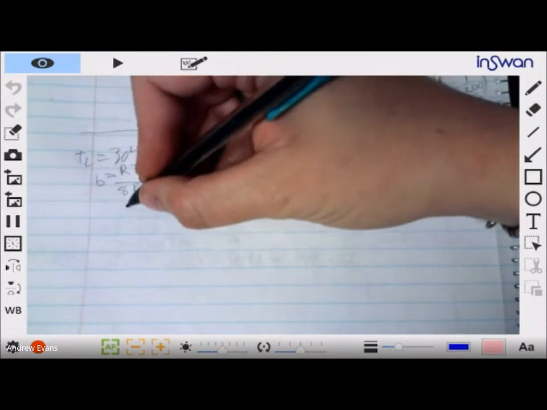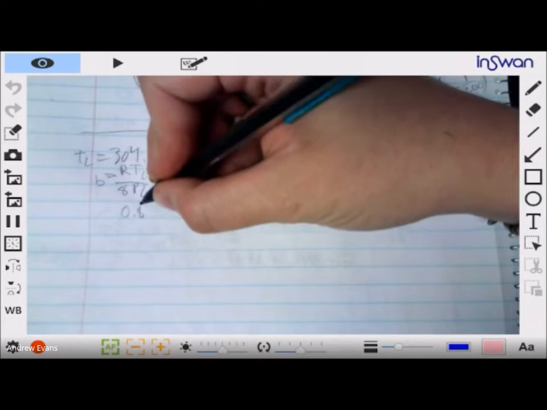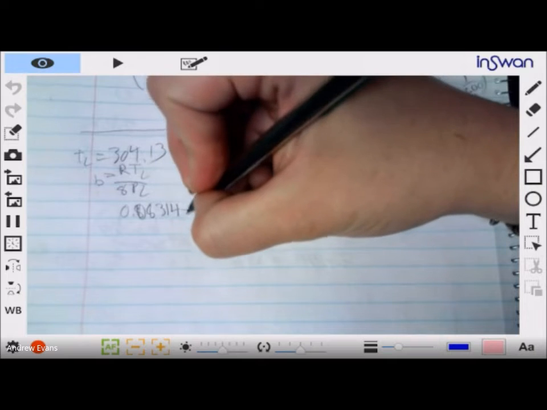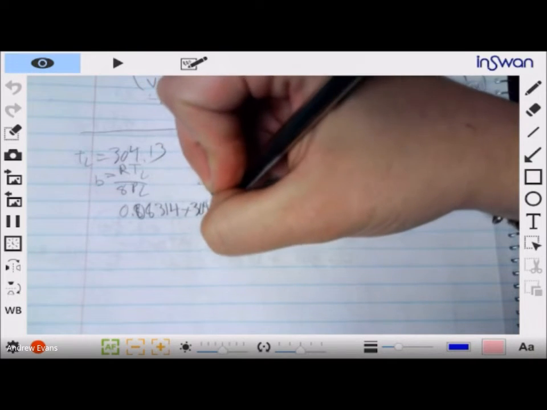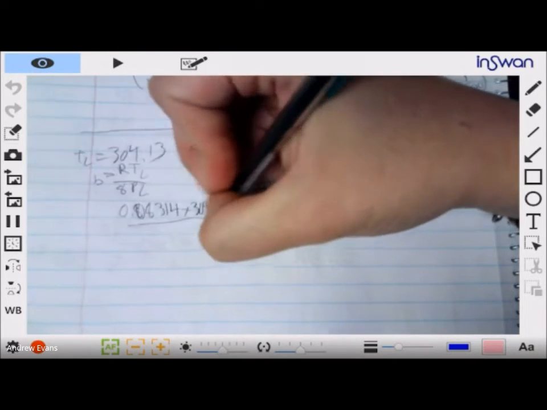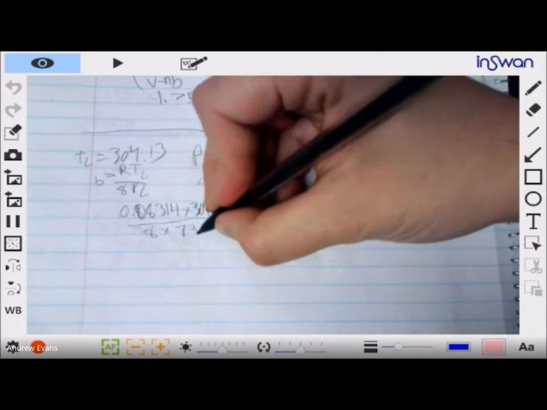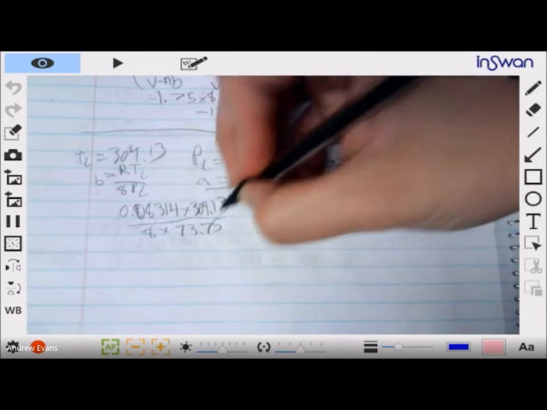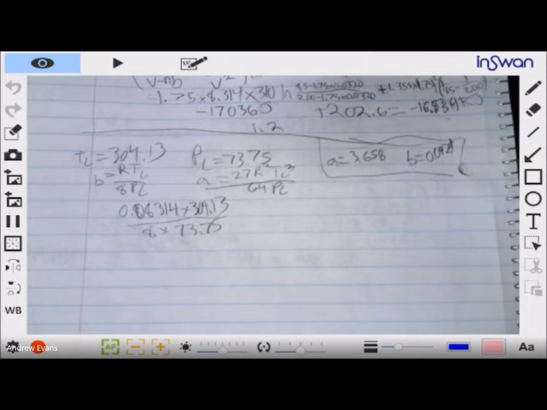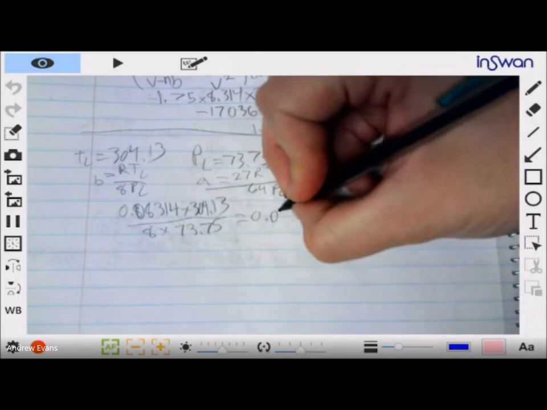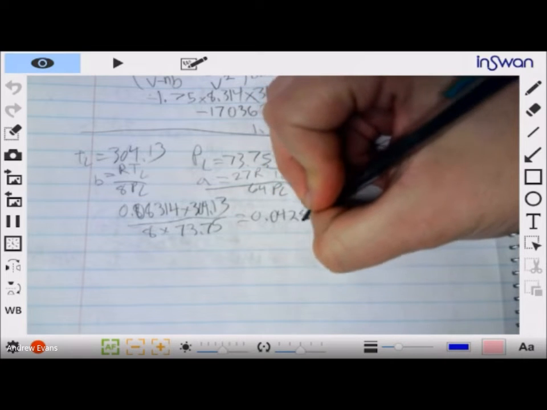So to find B, it's 0.08314 times 304.13 over 8 times 73.75. You do that quick calculation, you get B to be 0.042857.